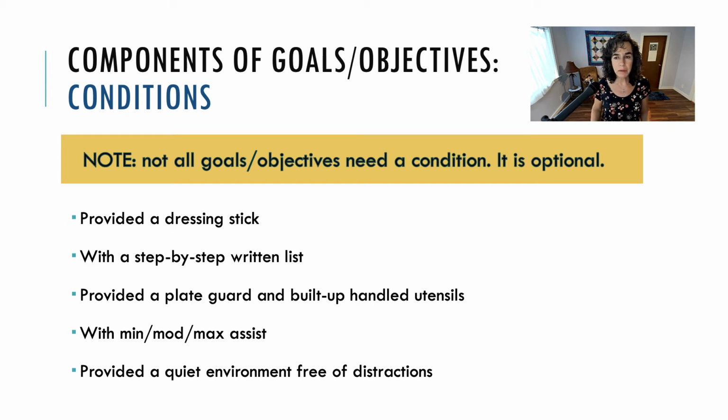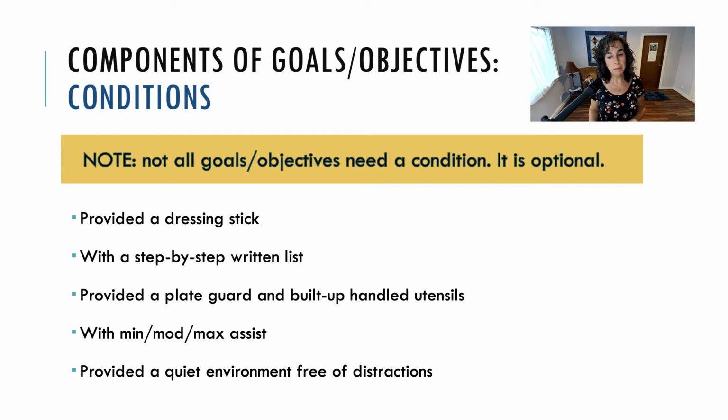And as you can probably intuit, different behaviors are going to require different kinds of assist. So a dressing stick is going to be because somebody can't reach all by themselves, right? They have some limitation in their flexibility and dexterity. Step-by-step written list might be for attention or memory issues.